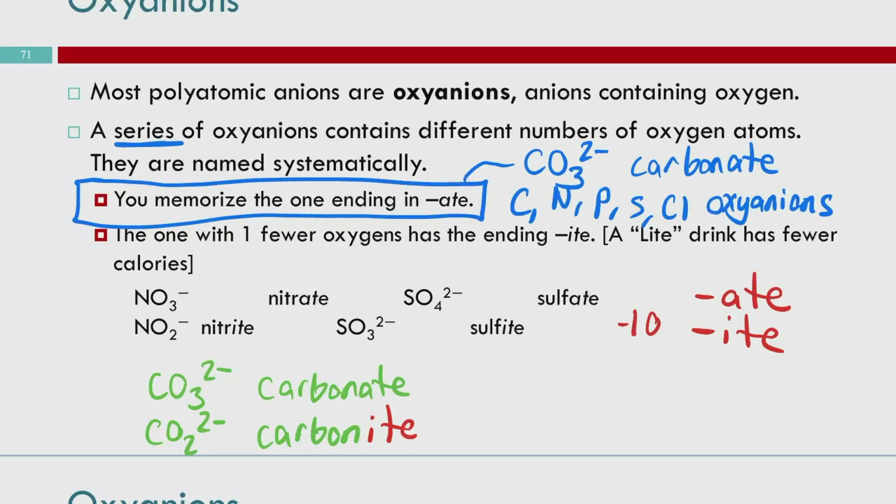So we've subtracted 1 oxygen to get to the ITE form. And again, charge is the same, but only within a series of oxyanions.